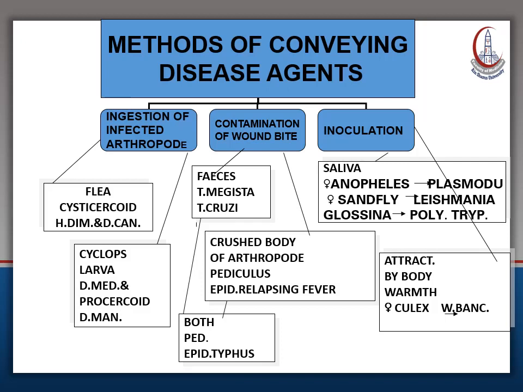Or sometimes the warmth of the host which the arthropod visits for obtaining a blood meal may attract the arthropod, and so they crawl from the mouth parts of the arthropod on the skin of the host in order to enter through the bite wound, and man gets infected.